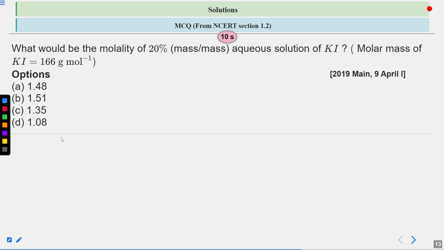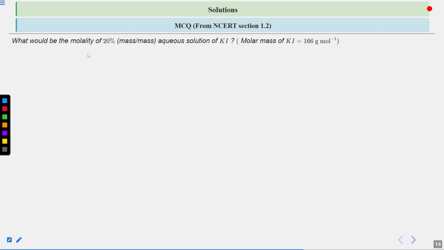You have some time, try to solve it, and then we will see the correct answer. Okay, let's see the correct answer. For this given question, the correct answer is option B, which is 1.51.